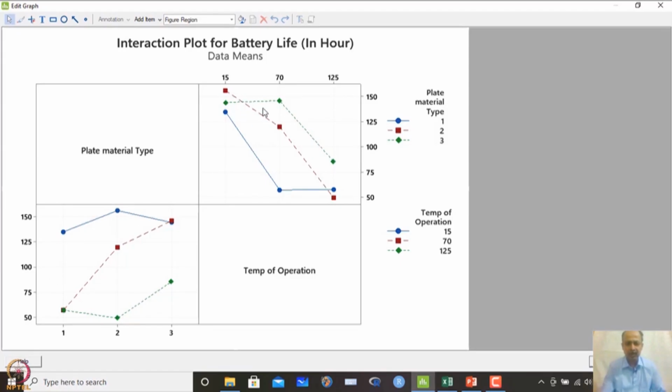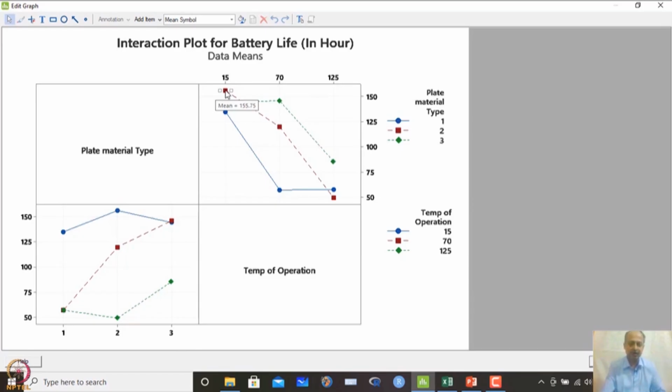To maximize the battery life, this is the highest point we are observing, this brown point at 15. This line shows plate material type 2. So, plate material type 2 and 15 degrees gives you the best combination over here.